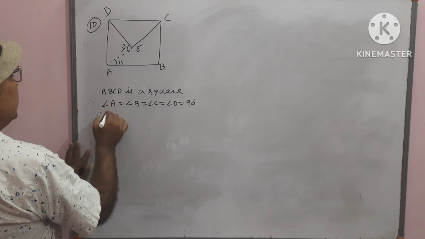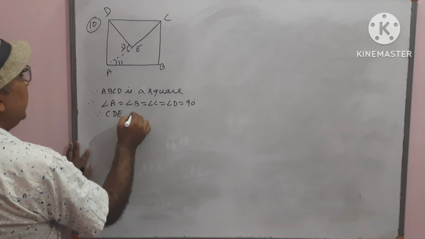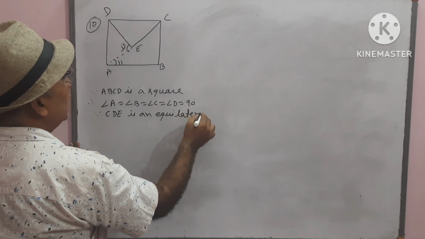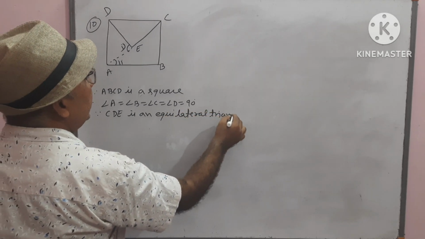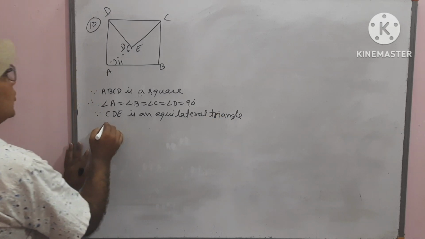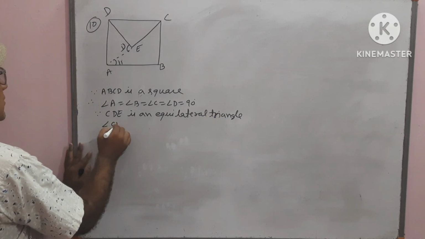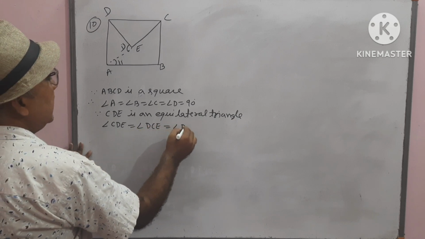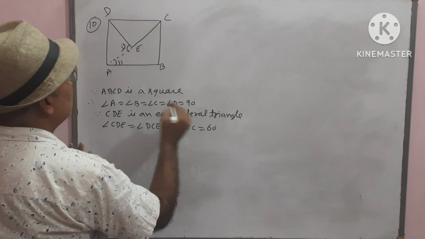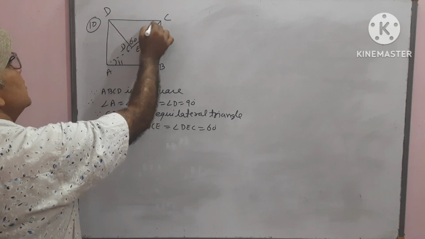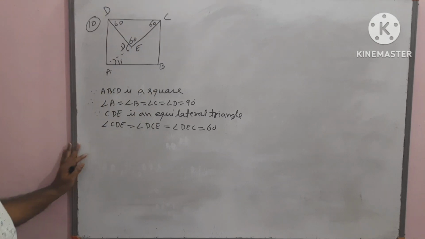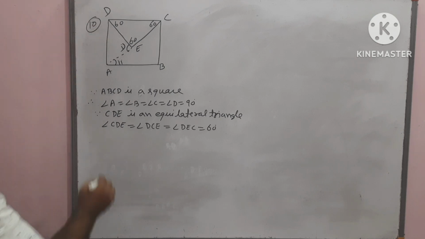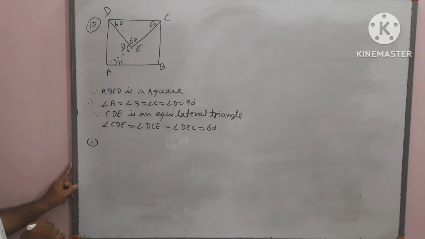Similarly, because CDE is an equilateral triangle, angle CDE is equal to DCE is equal to DEC is equal to 60 degrees. This is also 60, this is also 60, this is also 60. But we have to find angle AED. Now we will start. Notice carefully.